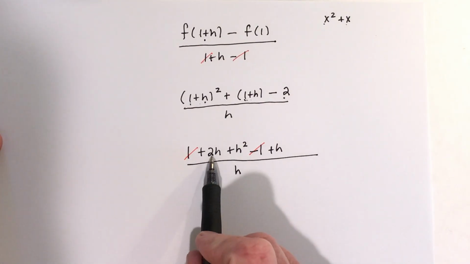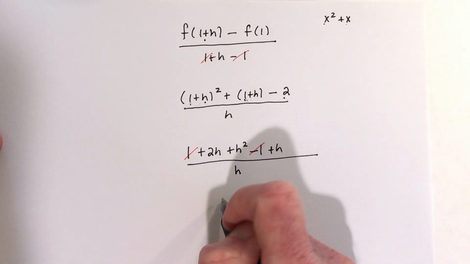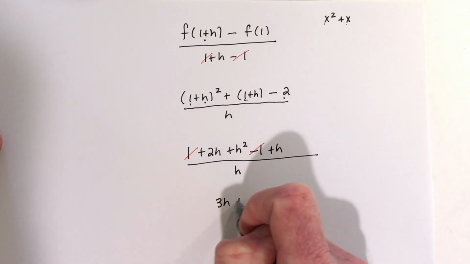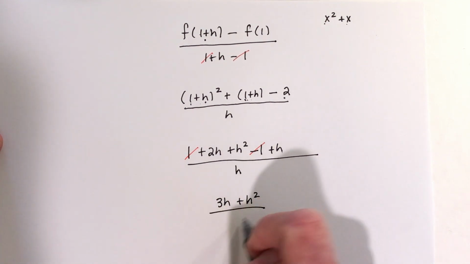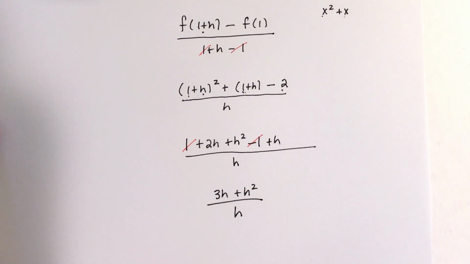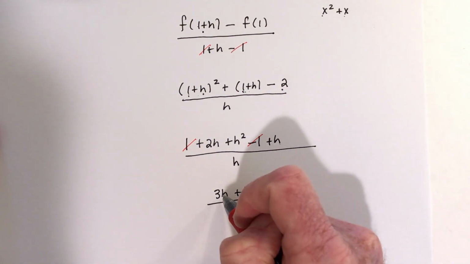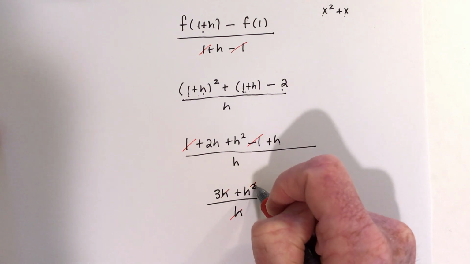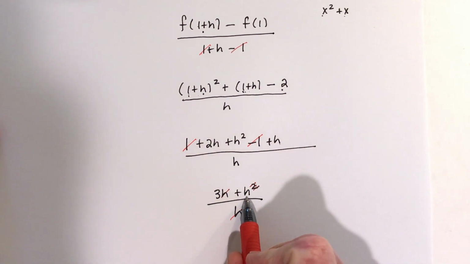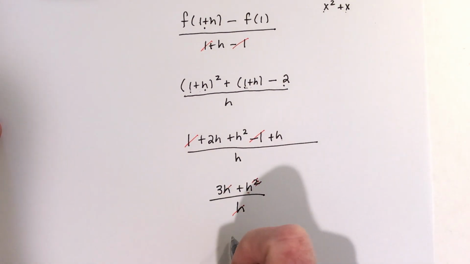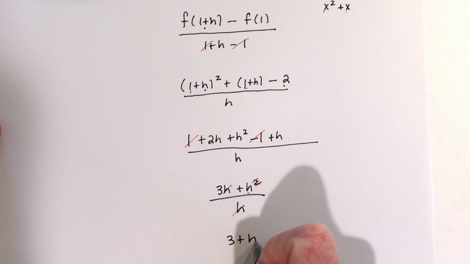So what's left? There's 2h plus h, so there's 3h. And then every term has an h, so you can cancel an h here, you can cancel an h here, and you can cancel one of these h's, which still leaves this h. So that means that it's going to be 3 plus h.